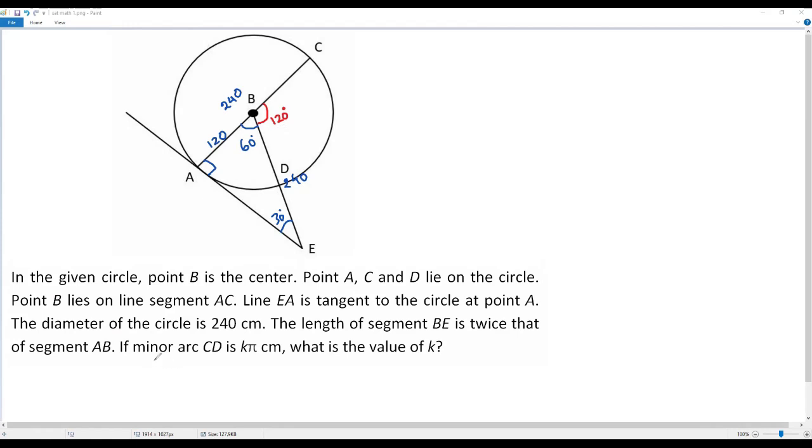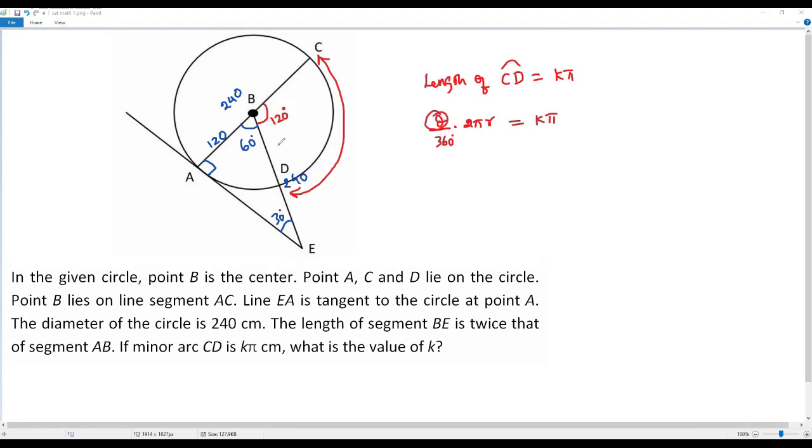Now let's consider the minor arc CD over here. Here I got the central angle of the minor arc, that is 120 degrees, and the length of the minor arc is K pi. Let me write it over here. The length of minor arc CD equals K pi. And we have the formula to get the length of an arc: theta divided by 360 degrees times the circumference of the circle, that is 2 pi r, which is equal to K pi.